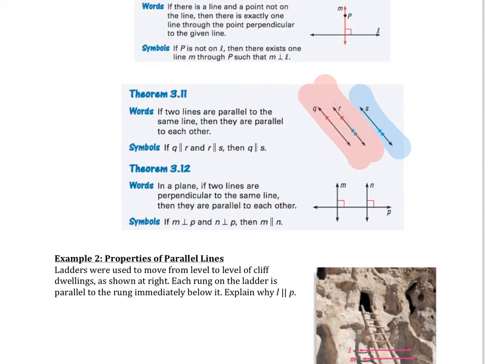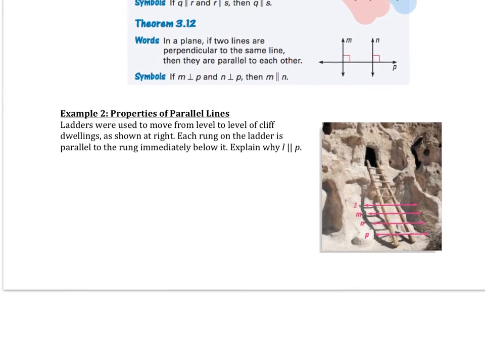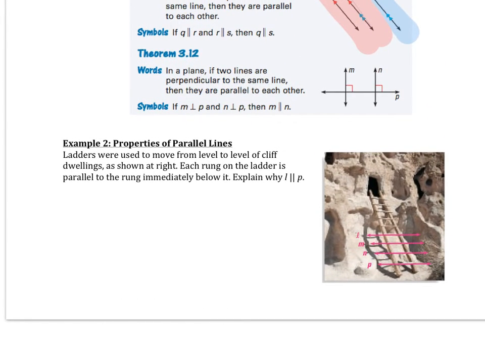So Q and S are parallel to the same line, so then that means that Q is parallel to S. And then when we have two lines perpendicular to the same line, then those two lines are parallel. So I know that's a lot to be talking about all at one time. So let's look at some examples.